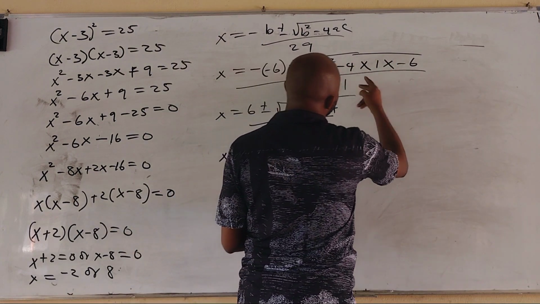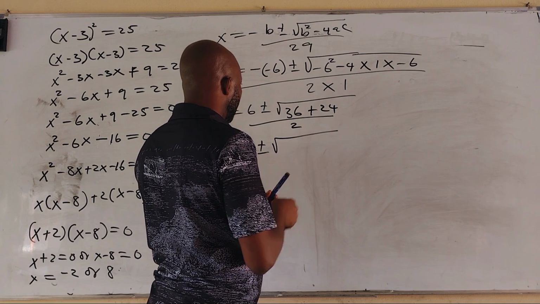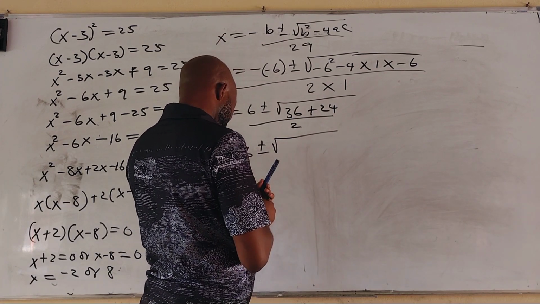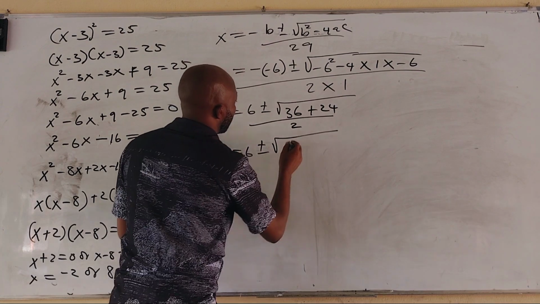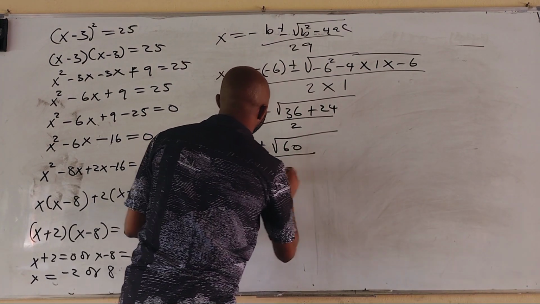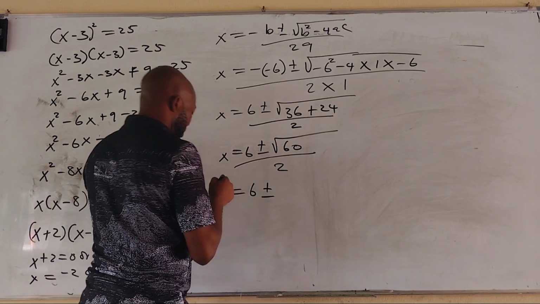Minus times minus is plus. 4 times 6 here is 24. 24 plus 36, okay, we have 60 over 2. X is equal to 6 plus or minus the root of 60.